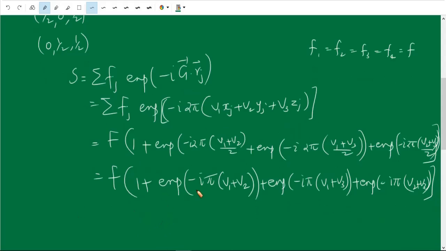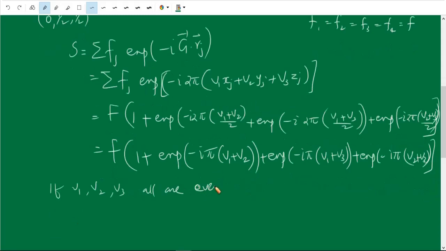So if we consider V1, V2, V3 all even, then what happens? Of course, V1 plus V2, V1 plus V3, V2 plus V3 are all even. Therefore, we can write S is equal to 4F.